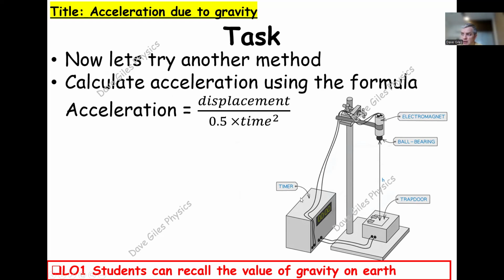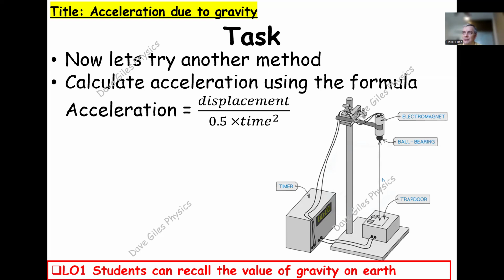I press the button, which starts the stopwatch, and when this trapdoor here feels a large force, i.e. the ball bearing falling on it, it stops the stopwatch and we get a really, really good indication of the time. It's got a resolution of about 0.001 seconds or 1 millisecond.